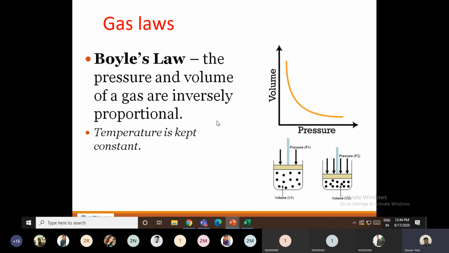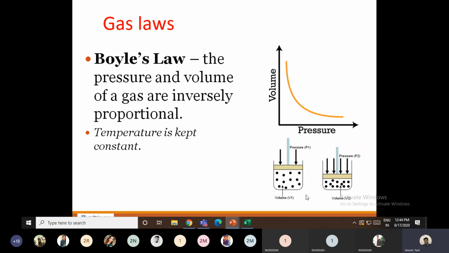Again, you can understand Boyle's law from this example given on the slide. If a container containing a gas is fitted with a piston, and if a pressure is applied over the piston, the gas volume will decrease. As the pressure goes on increasing, the molecules of gas will come closer and the volume of gas will decrease.